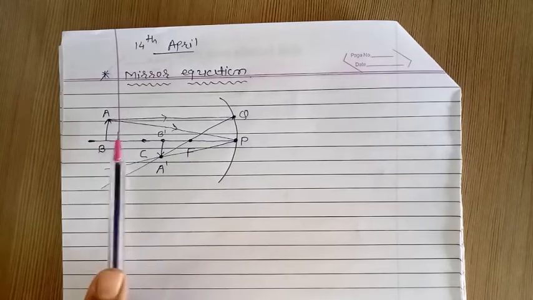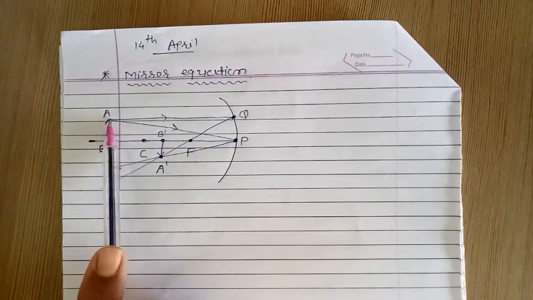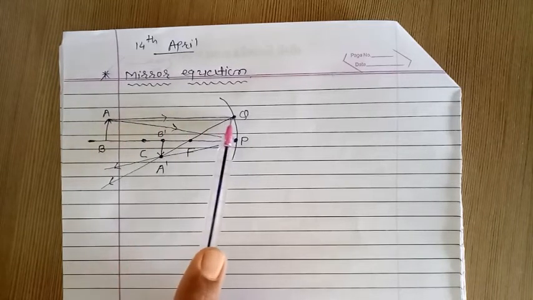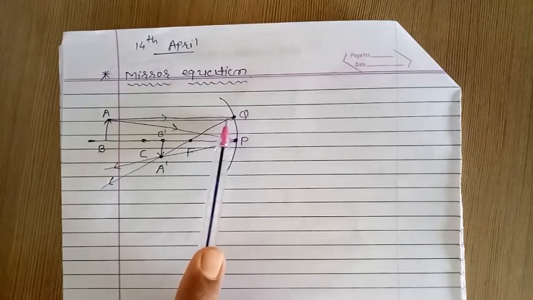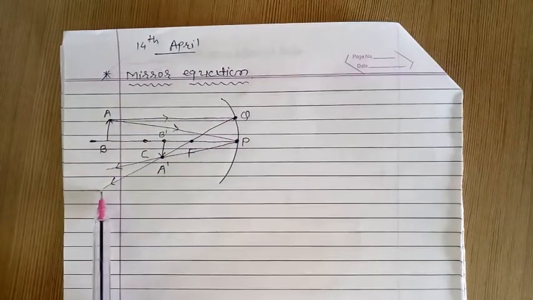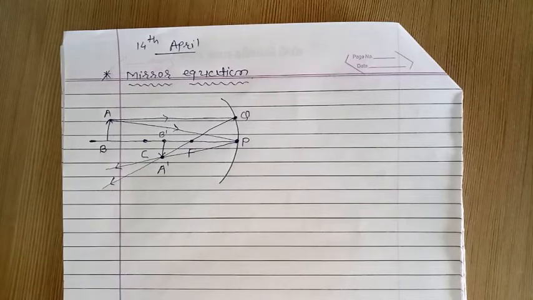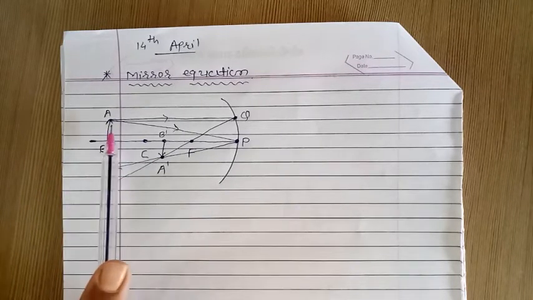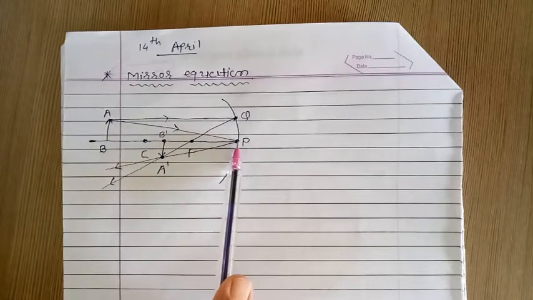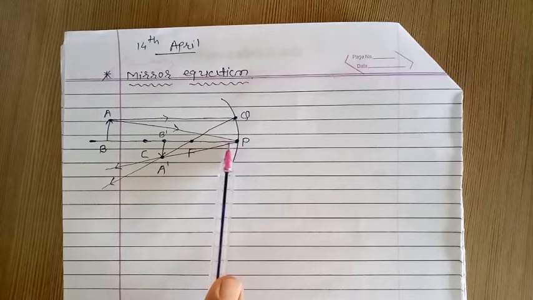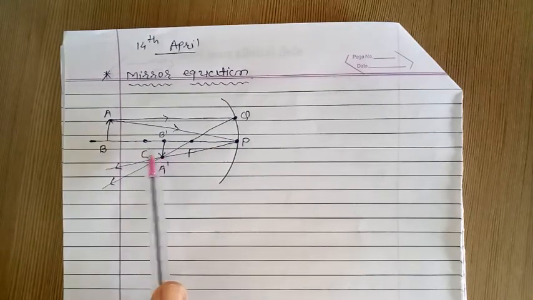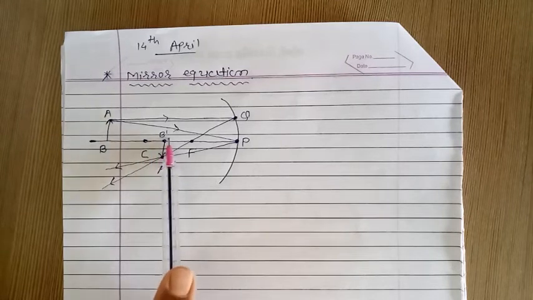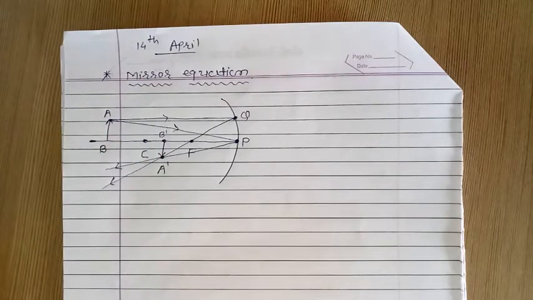Our first ray is parallel to the principal axis and strikes at point Q. After reflection, this ray passes through the principal focus like this, right? Now the second ray strikes at point P, which is the pole, and after reflecting, this ray passes like this. So here we get image A dash B dash of object AB, right?